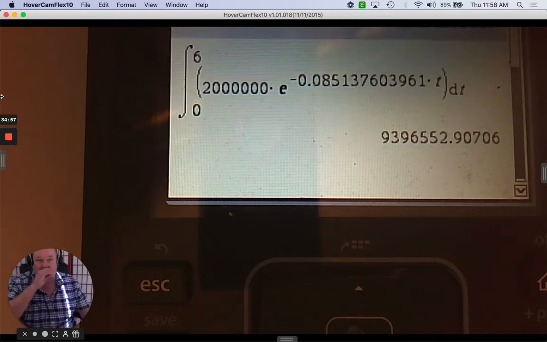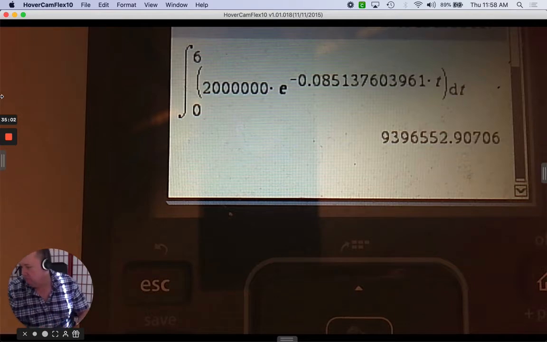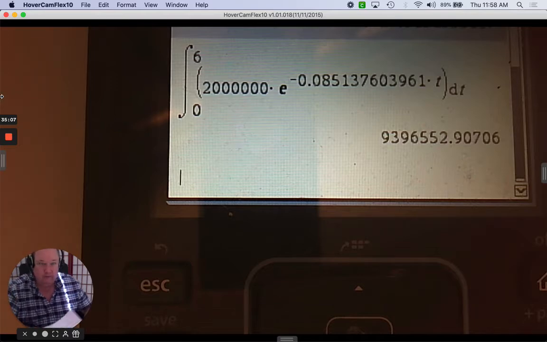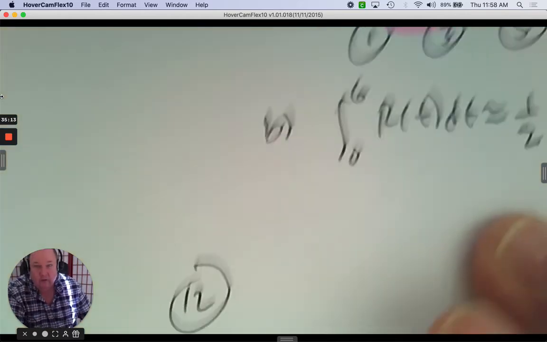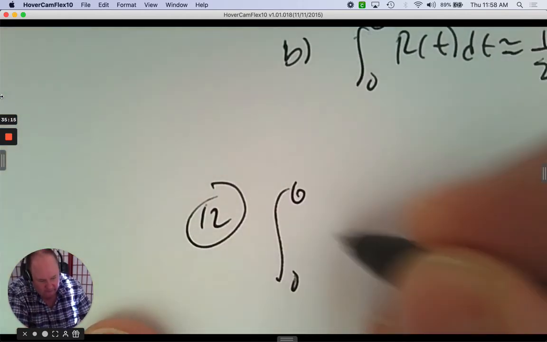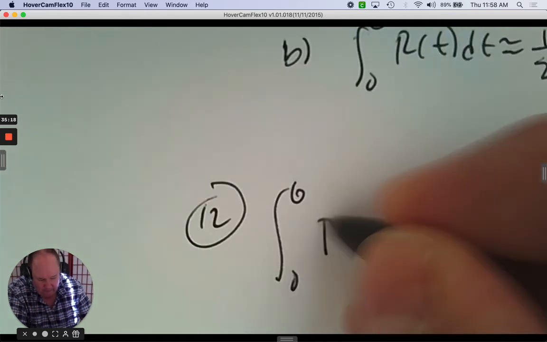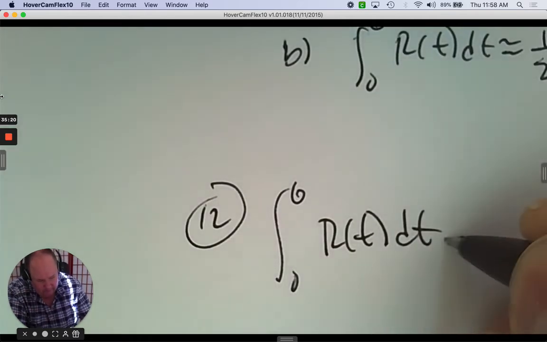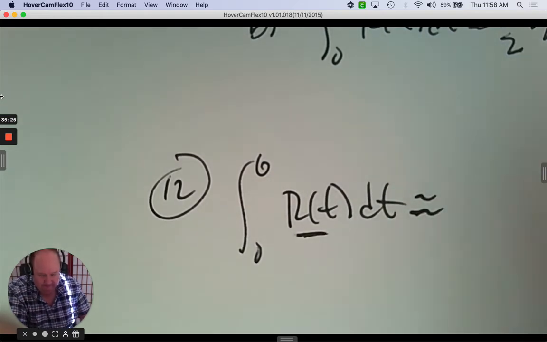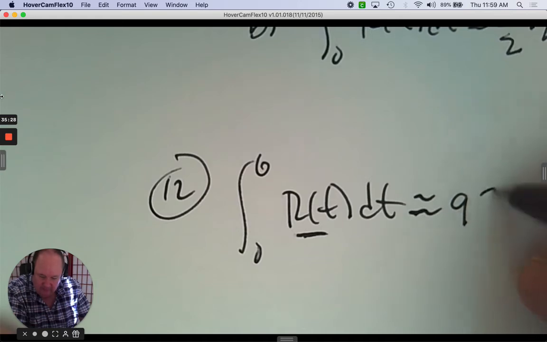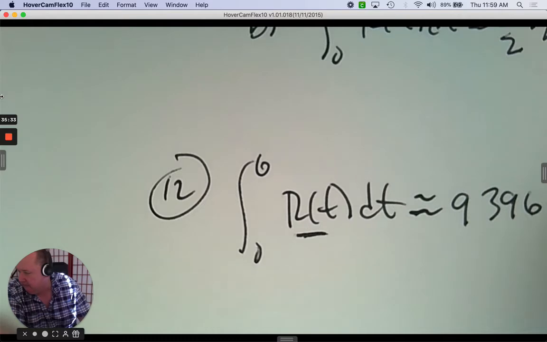So what's the actual amount there? It's 9 million. And it says to the nearest 1,000. Let me write this down. We integrated from 0 to 6 what we came up with in question number 9, and the answer would be 9,396,000.